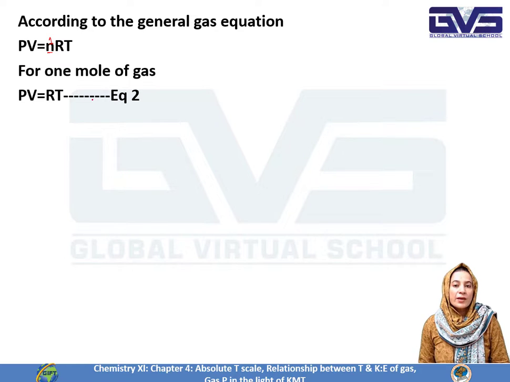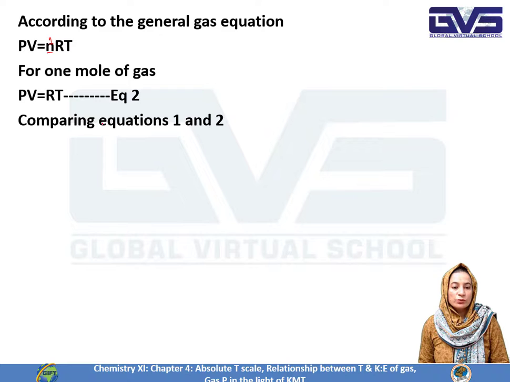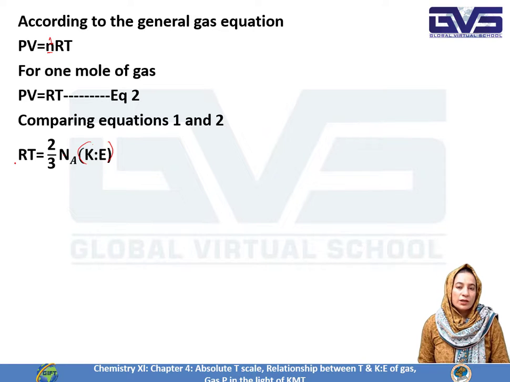Now if you compare equation 1 and equation 2, then you have this equation. Now keep the kinetic energy on this side and take all the other values to the other side of the equation. So Na will be divided, 3 will be multiplied and 2 will be divided on the other side. So we have kinetic energy equals 3 RT, divided by 2 and Na.